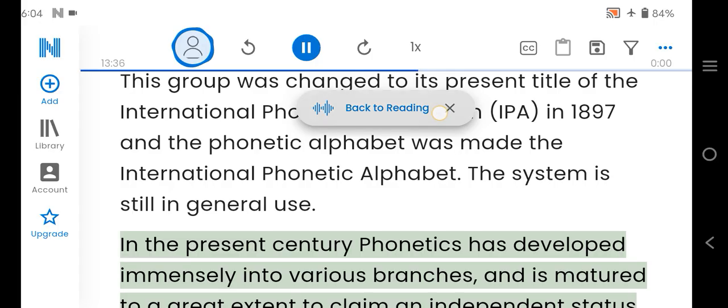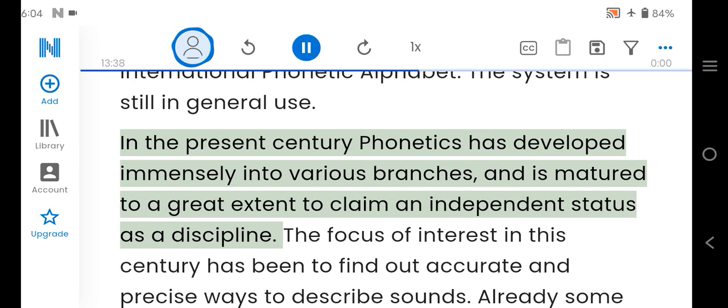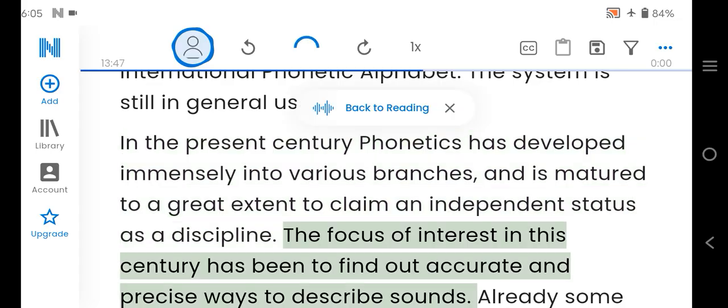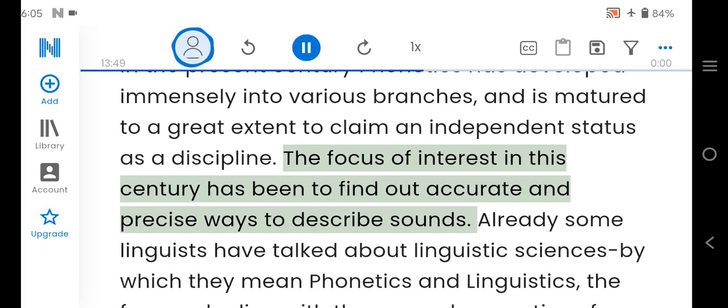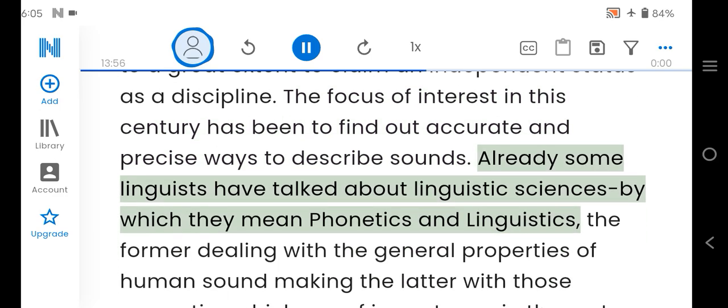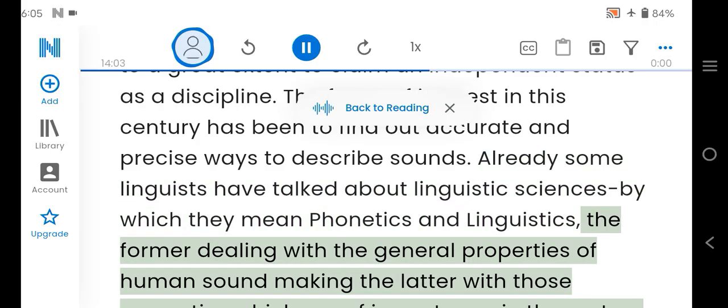In the present century, phonetics has developed immensely into various branches, and has matured to a great extent to claim an independent status as a discipline. The focus of interest in this century has been to find out accurate and precise ways to describe sounds. Already some linguists have talked about linguistic sciences, by which they mean phonetics and linguistics.